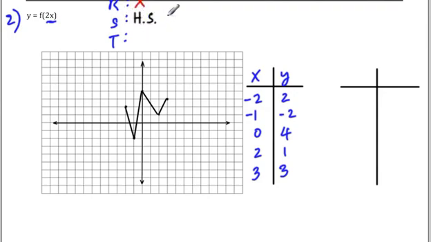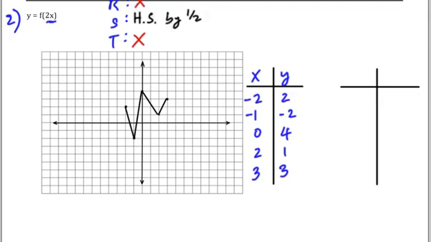I'm going to write HS, horizontal stretch by half. Remember it's the reciprocal, so not 2x over here, but a horizontal stretch by half. And there's no translation here, so that's it.